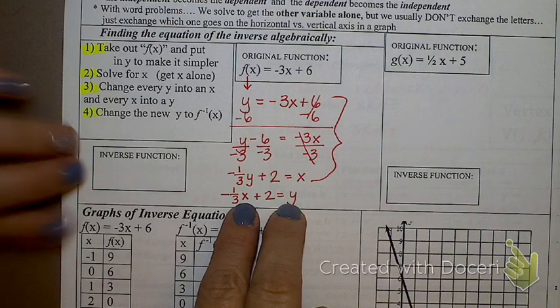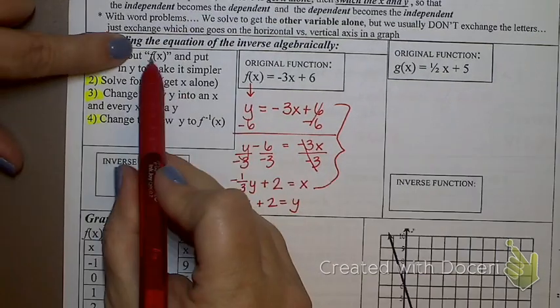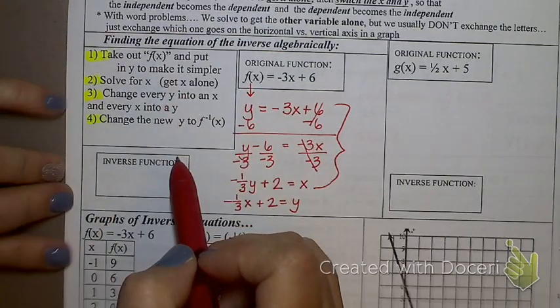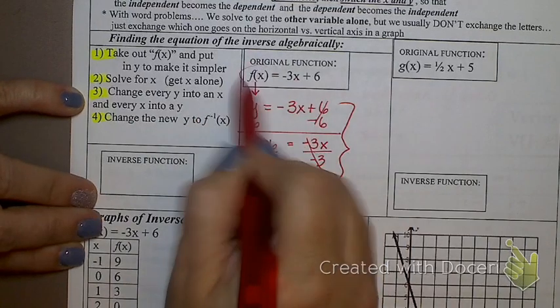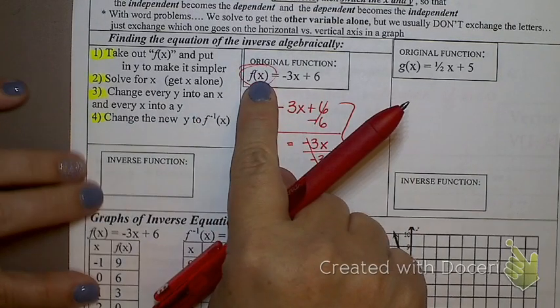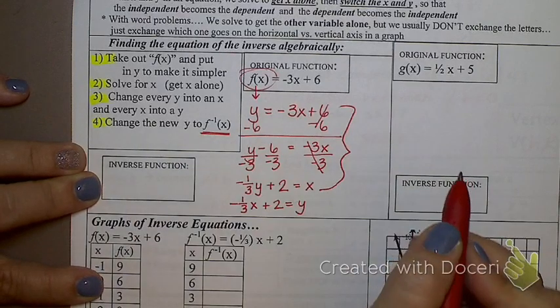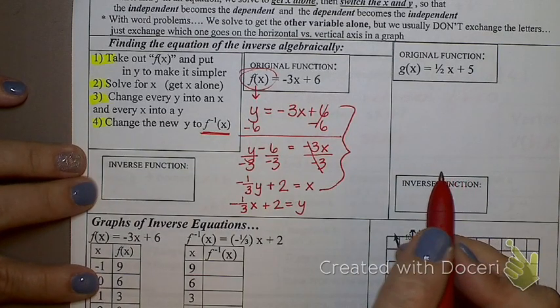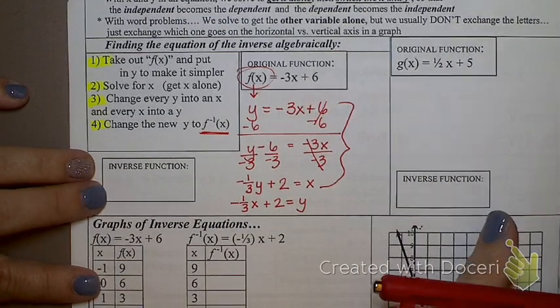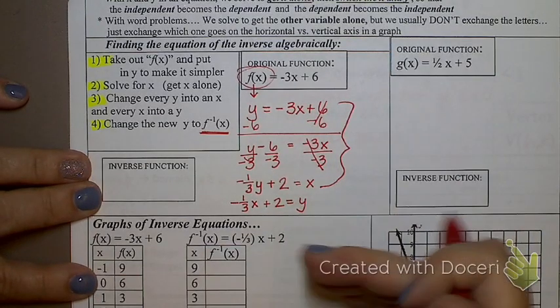The last step is, because we took f of x out, we have to put it back in. But we can't call it f of x anymore because that was the original equation. So we have to use this notation right here, which means the inverse of f of x. That doesn't mean raise it to the negative first power. What we're saying is this is the inverse.